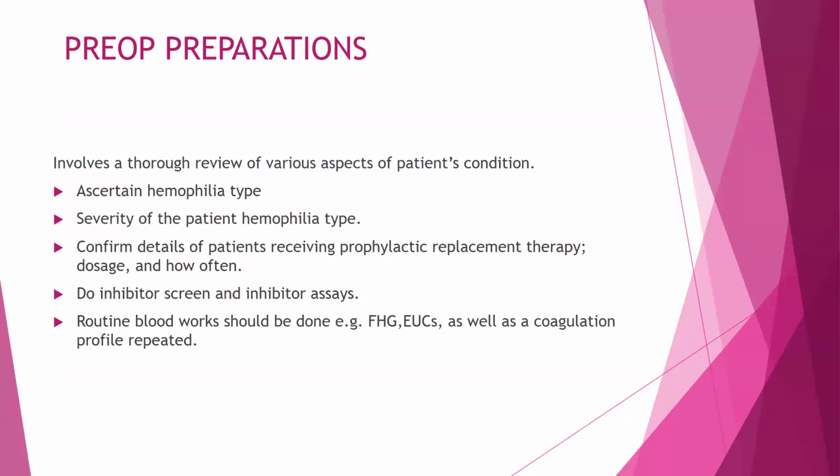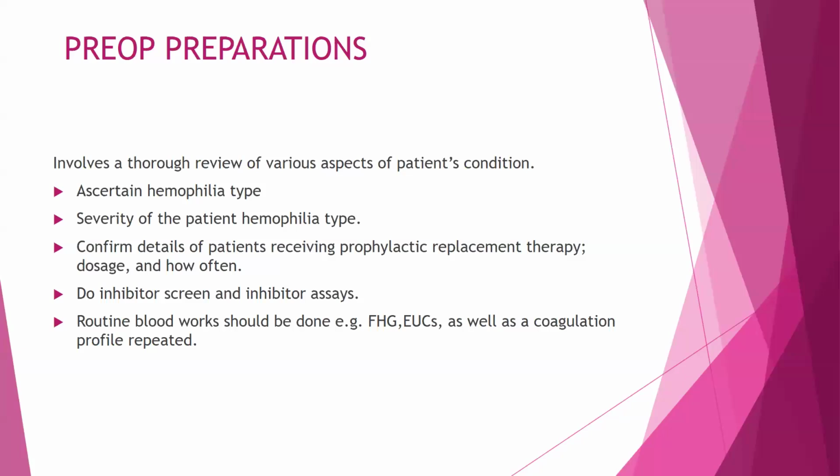So the other role of nurses is during pre-operative preparation. At times we have patients who need to go in for surgery, like circumcision patients, or any other surgery these patients may require. What we're supposed to do is ascertain the hemophilia type of this patient, the severity type, and confirm the details of this patient, whether they've been on prophylaxis, the dosages, and how often they've been getting it.